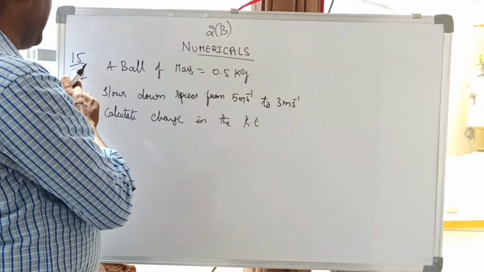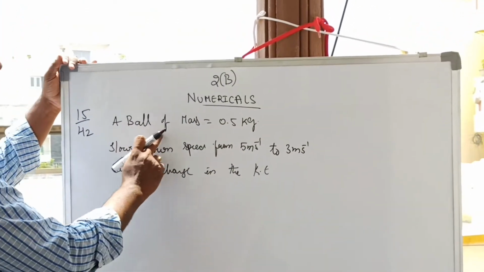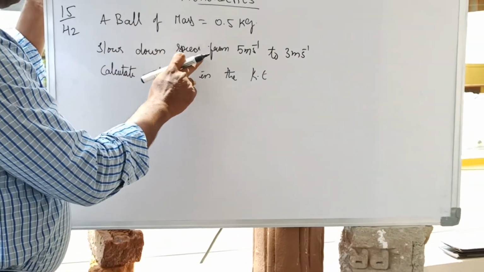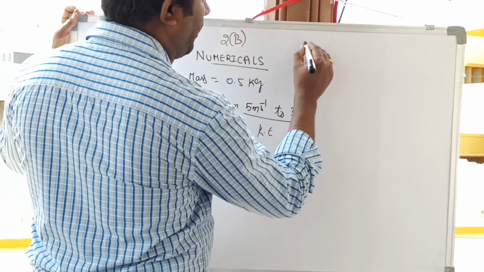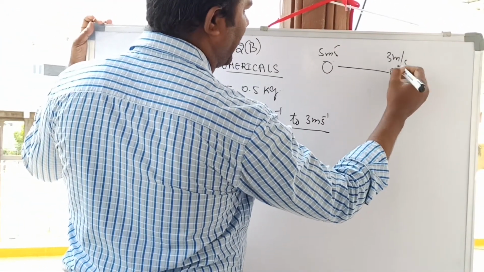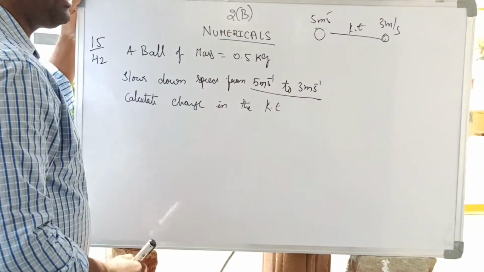This was the 12th question, page number 42. 2B numericals. In that, the 15th question, page number 42. A ball of mass 0.5 kg slows down its speed from 5 meters per second to 3 meters per second. See, the ball is at 5 meters per second. It slows down to 3 meters per second. Calculate the change in the kinetic energy.